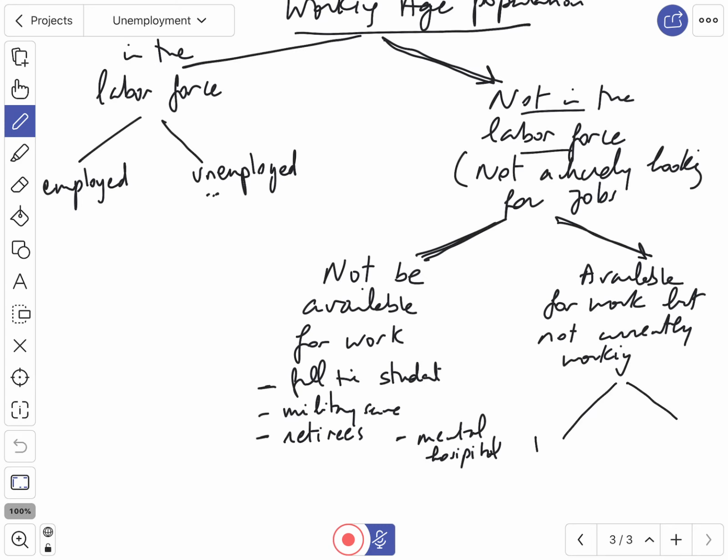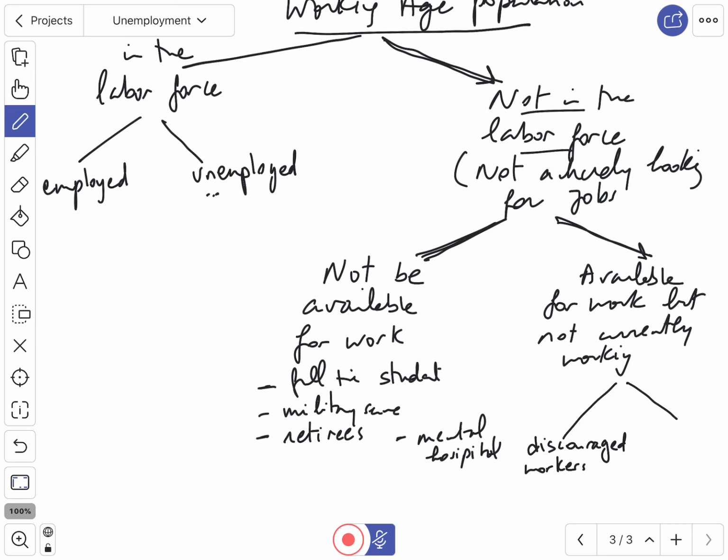One is discouraged workers. Discouraged workers are those who believe that there are no jobs around. They have been looking and they're fed up, so they got discouraged.